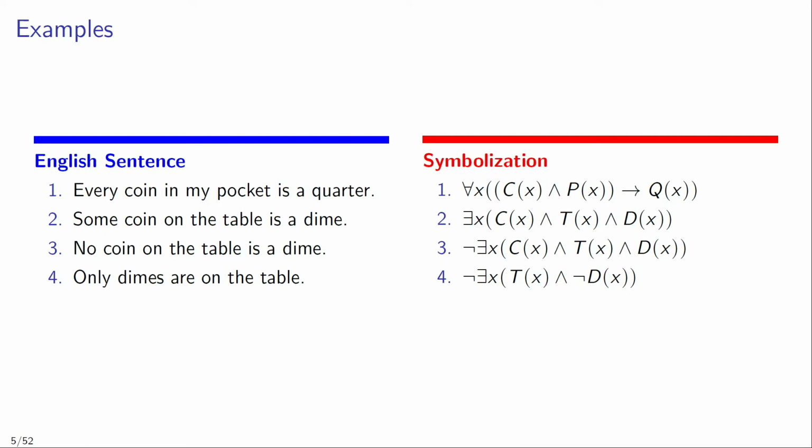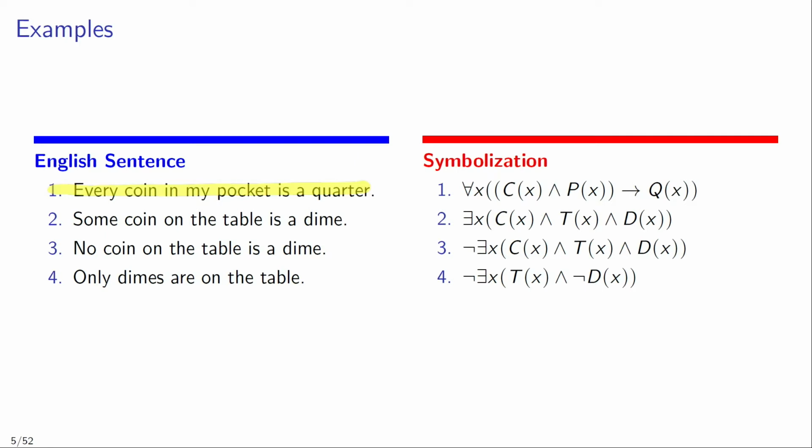So let's look at a few examples. Suppose you want to symbolize this sentence here. Every coin in my pocket is a quarter. And I just made up a symbolization key.